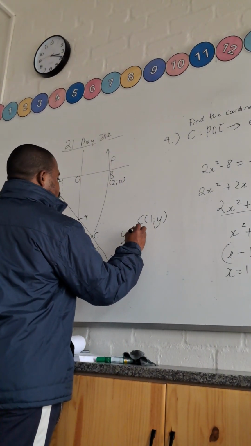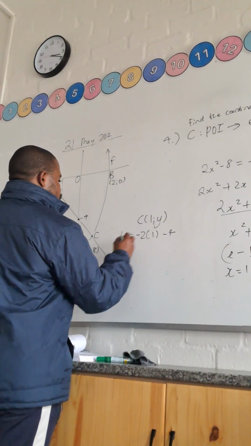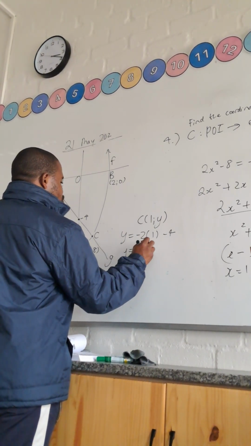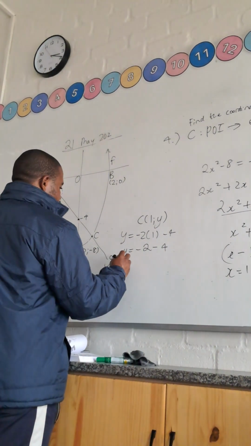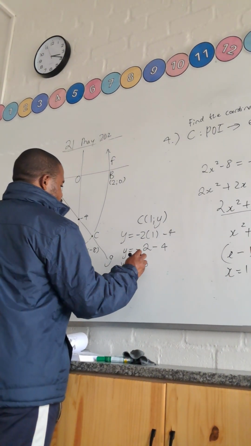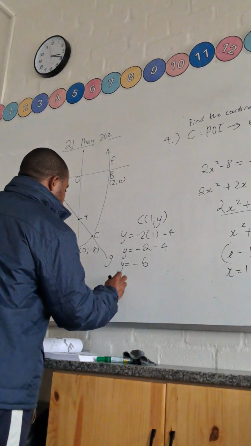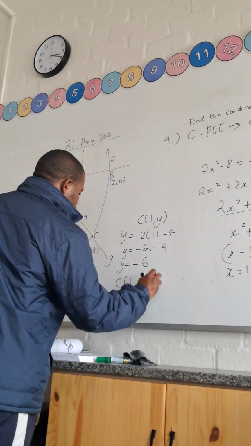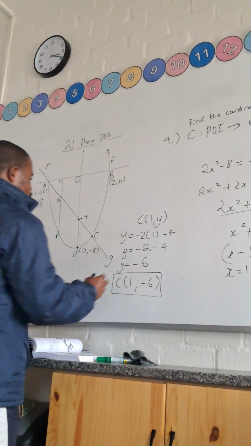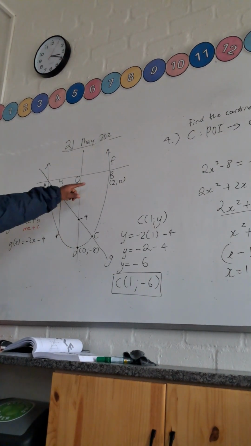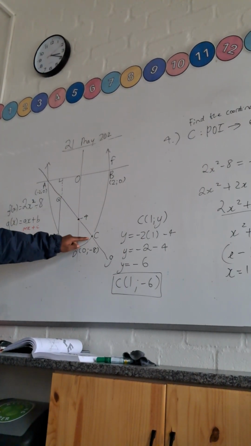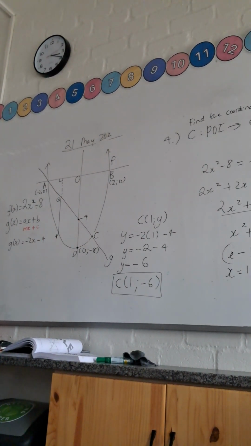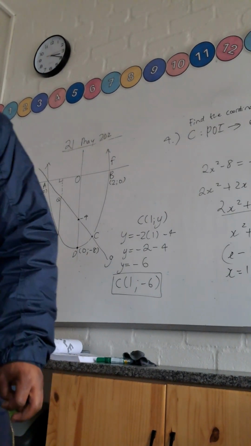So I'm going to substitute x equals 1, and I have 1 minus 2 minus 4, and y equals minus 6. So C is 1, negative 6. You should always double check. That should make sense with the picture. x should be positive, y should be negative. So we found the coordinates of C. Is that 100% clear? Okay.